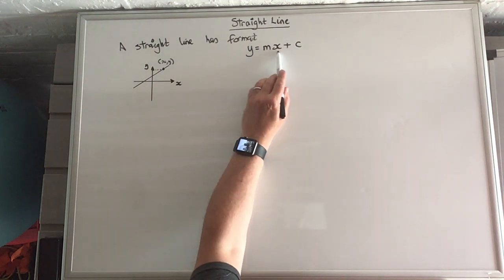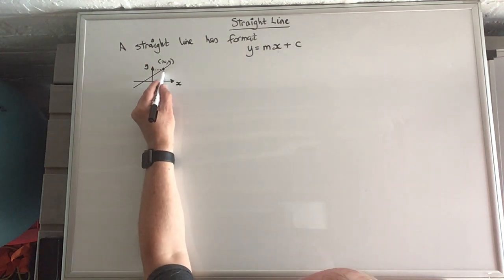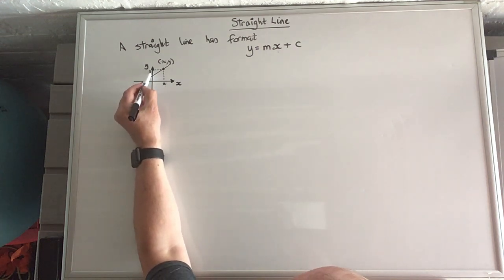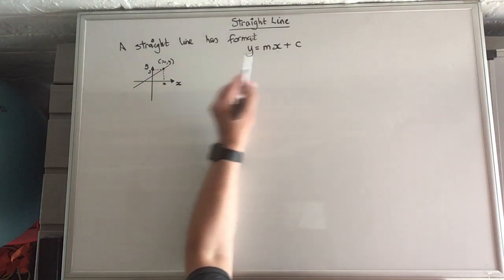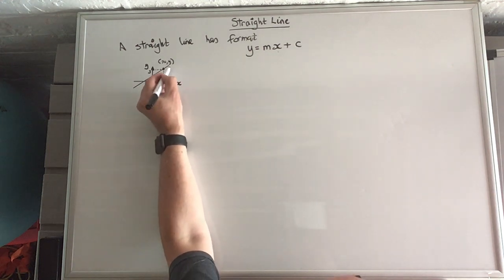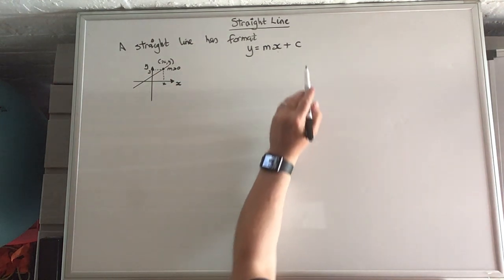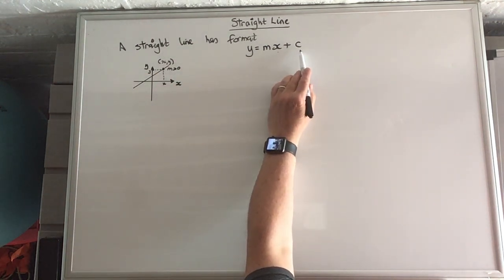Now x is the x coordinate. Here's the x coordinate, there's the y coordinate. m is the gradient itself. It's a positive gradient, so m is greater than 0. It's some value, we don't know what it is. And this value here, c, is the y-intercept.